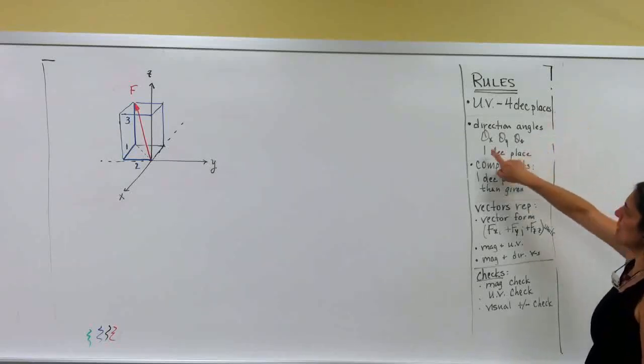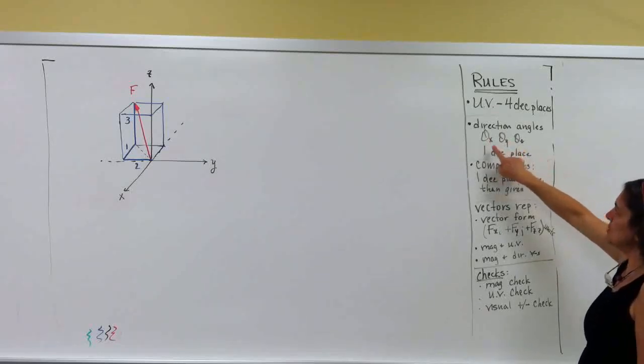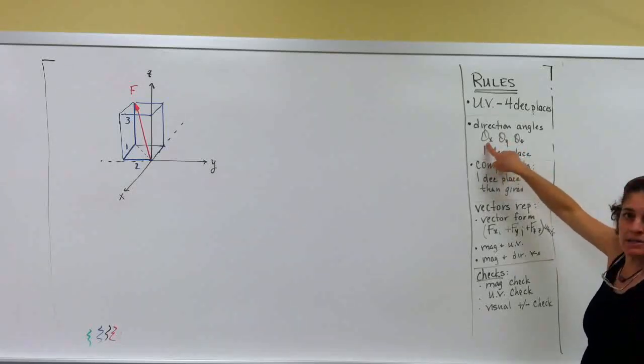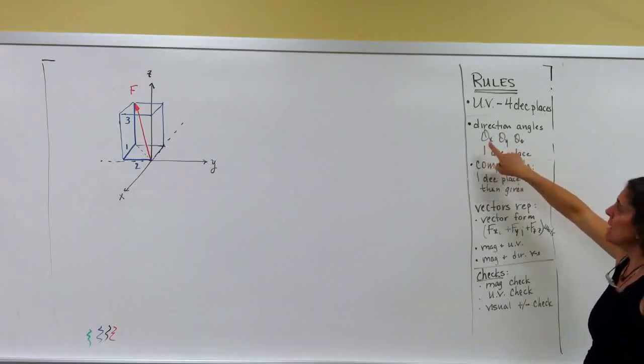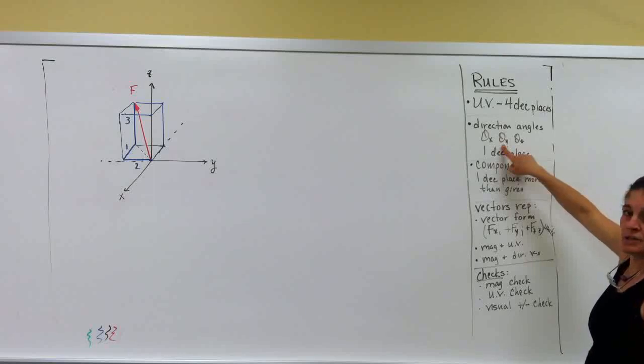Direction angles are theta x, theta y, and theta z. And just as a reminder, theta x is the angle between the force in question and the positive x-axis. Theta y is the angle between the force in question and the positive y-axis.